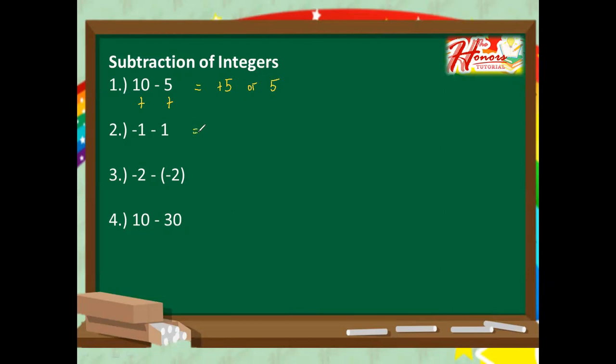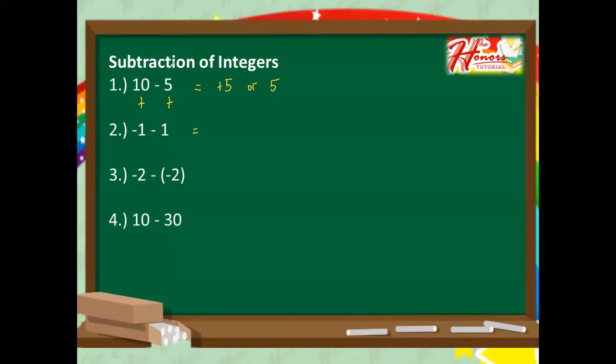Next, for number 2, we have here negative 1 minus 1. So I will show you a technique here in subtraction of integers because lots of students are confused here.